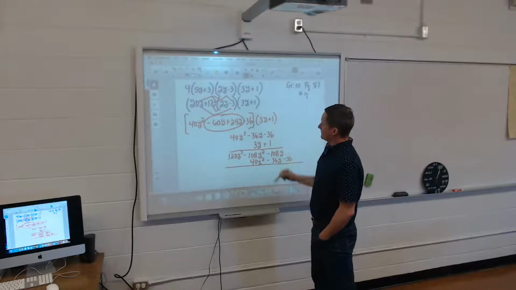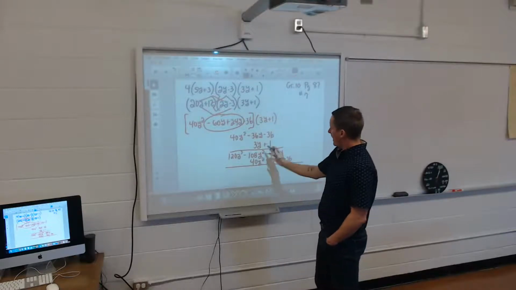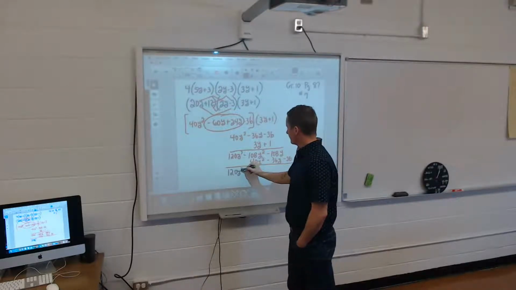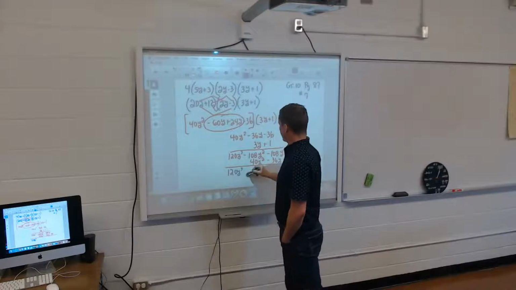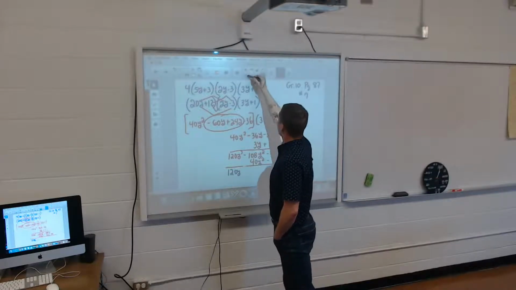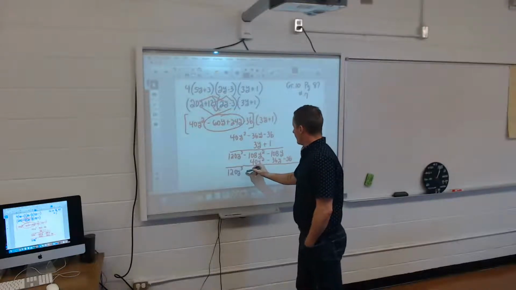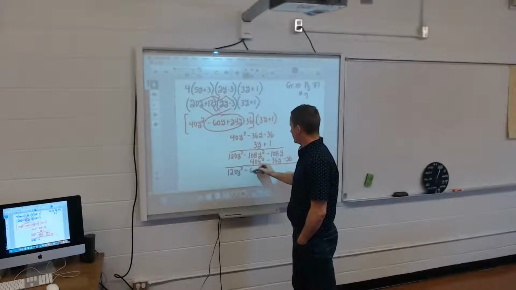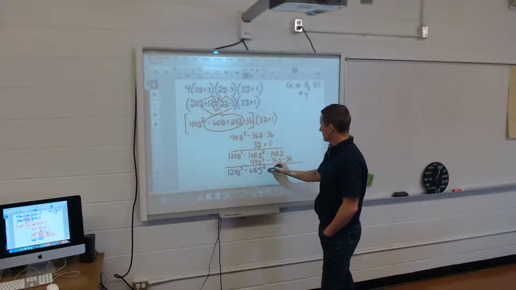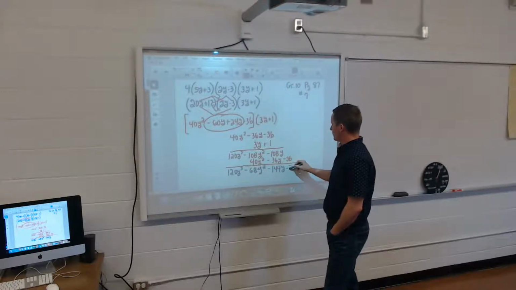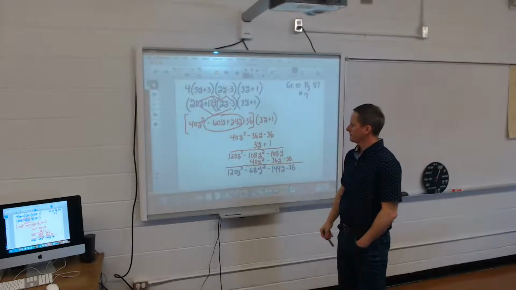And my last step in the whole process is just to add my like terms. So I've got 120y cubed minus 68y squared minus 144y subtract 36.